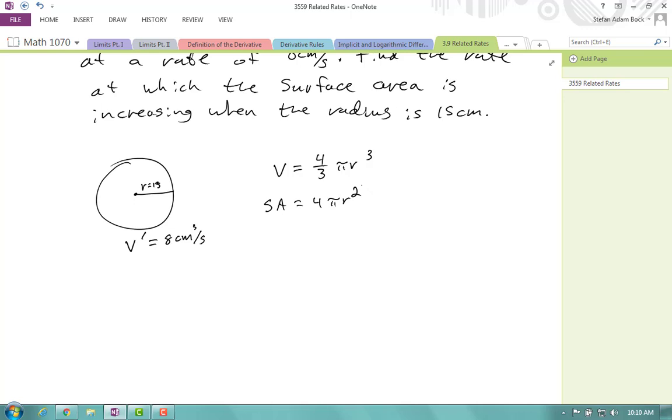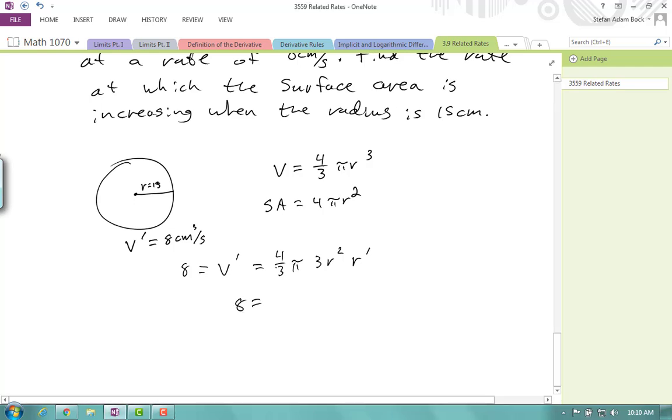radius, as we'll see. So V prime is going to be equal to 4/3 π times 3r squared r prime. And this is always equal to 8, which means I have 8 equals, these 3's cancel, 4π r squared times r prime.